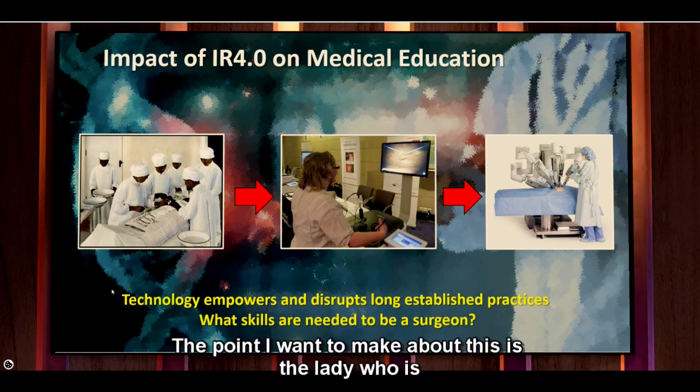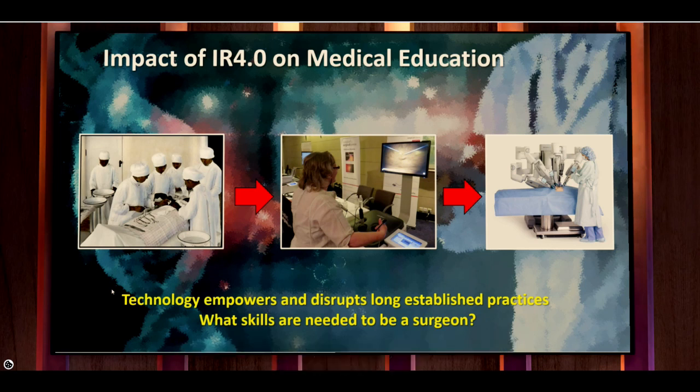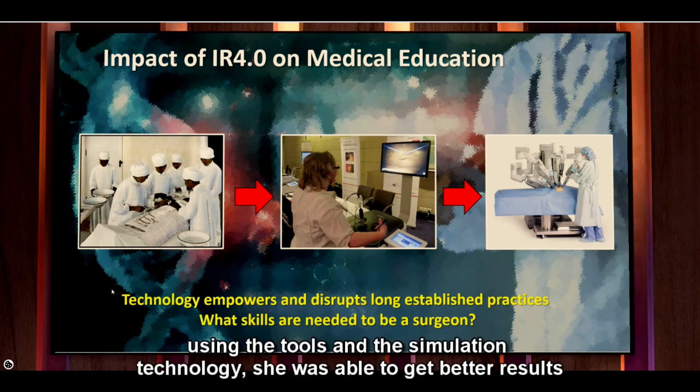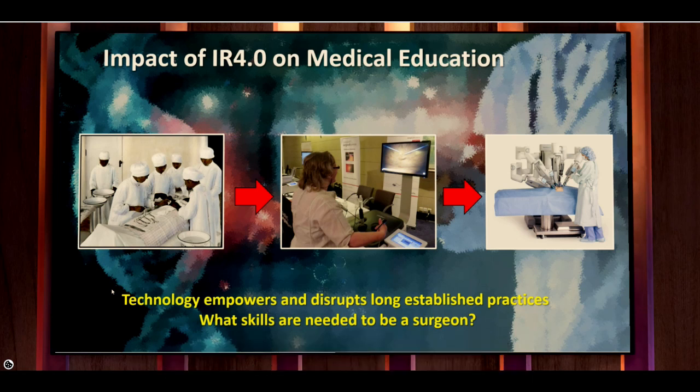The point I want to make about this is the lady who is performing this simulated operation is my partner. She has no medical training, she does not play computer games, and yet, using the tools and the technology, she was able to get better results through this simulation than a lot of trainee surgeons.